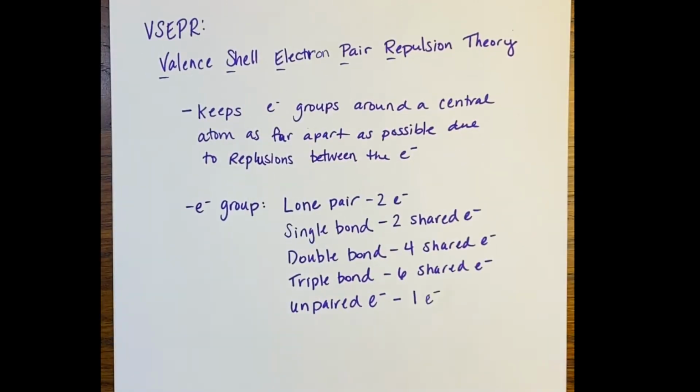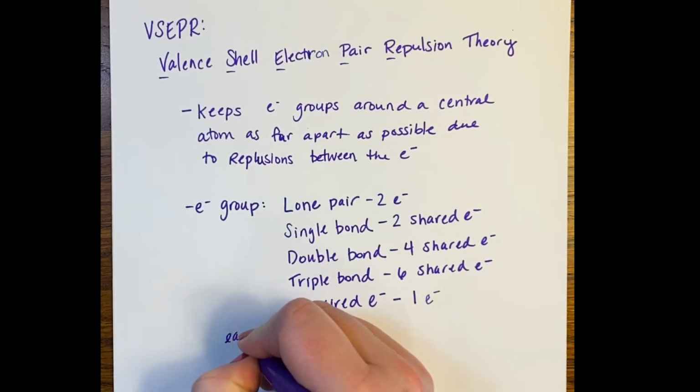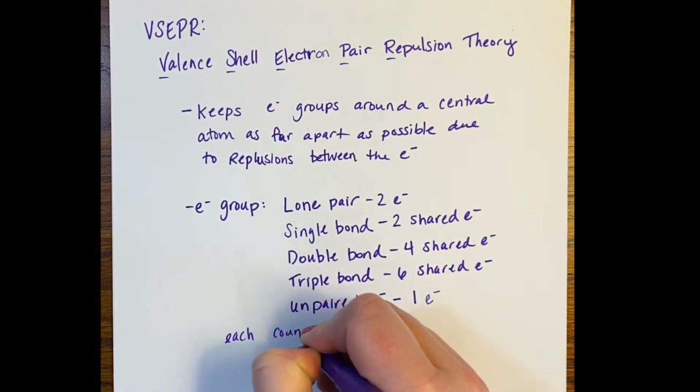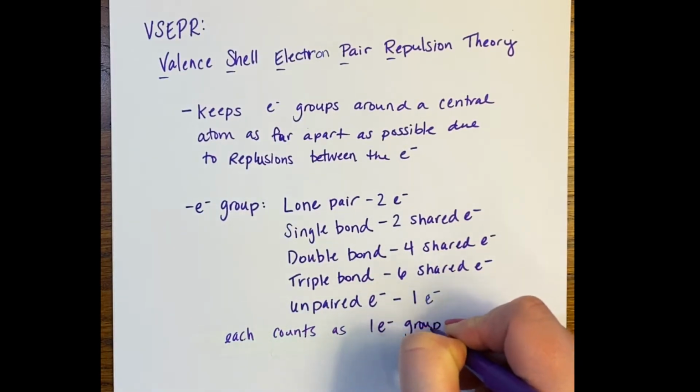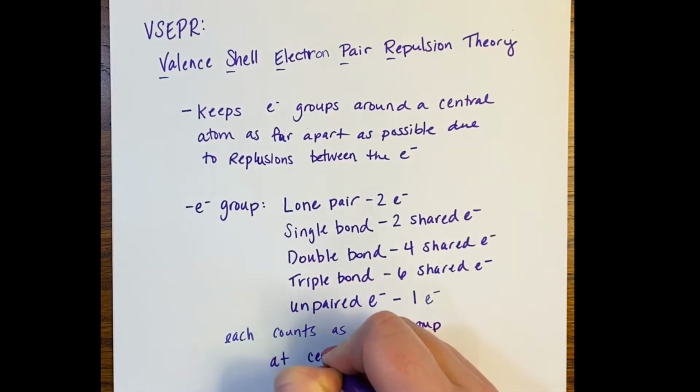So a lone pair represents 2 electrons that belong just to the atom to which they are bound. A single bond represents 2 shared electrons. A double bond is 4 shared electrons. A triple bond is 6 shared electrons, and an unpaired electron is 1 electron. And so these are the types of electron groups that we have, and each of these is going to count as 1 electron group at your central atom.